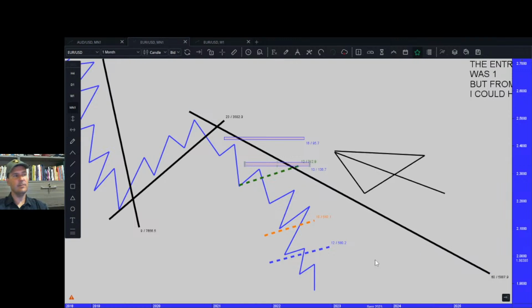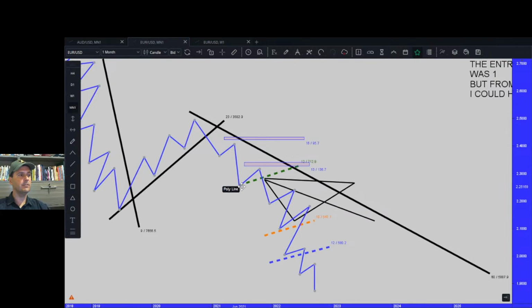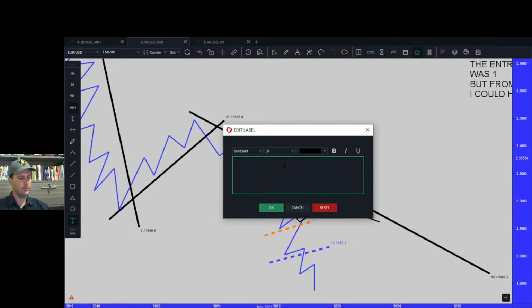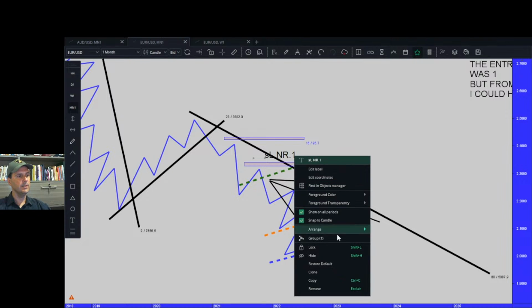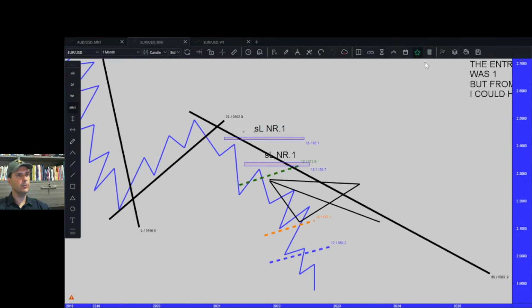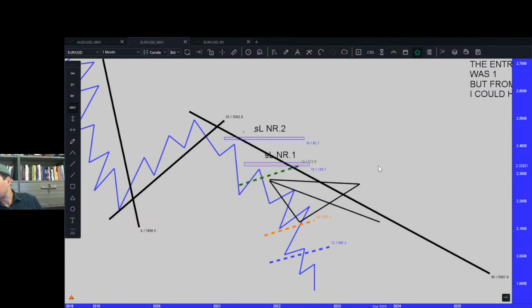Hedge fund trader Alan, everybody else, if you enter at the green and be very specific on what you are seeing, is the stop loss number 1 the correct stop loss, or is the stop loss number 2 the correct one? Which one? Stop loss number 1 or stop loss number 2?